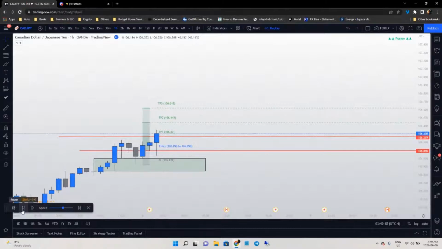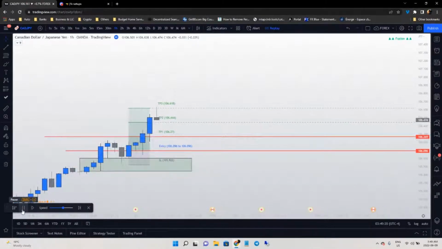Then you enter the trade, and let's continue. So we went to TP1 on that hour, and then TP2 and TP3. So in 3 hours, you're out of the trade, depending exactly on your framework.